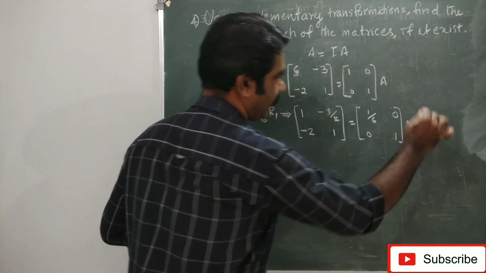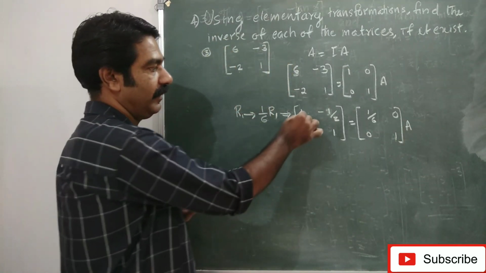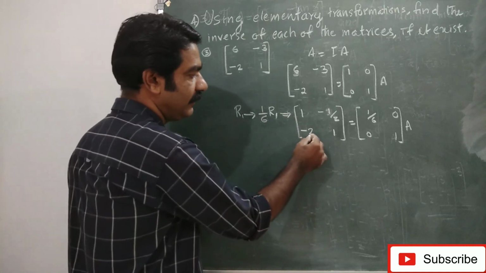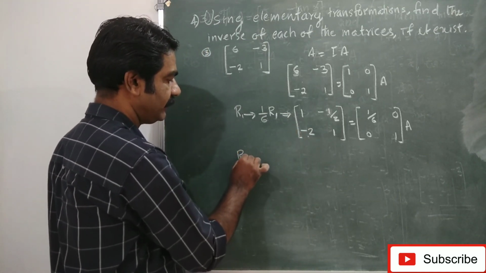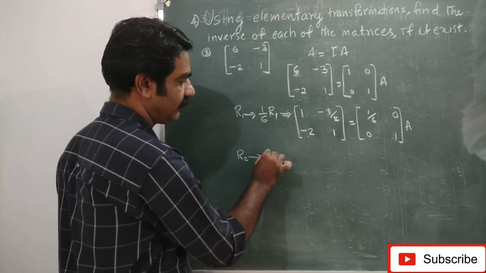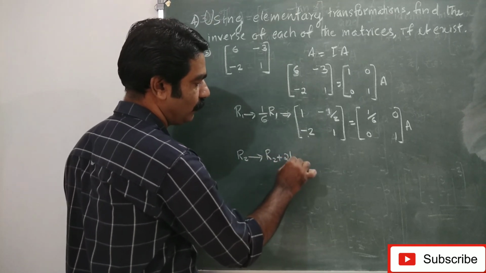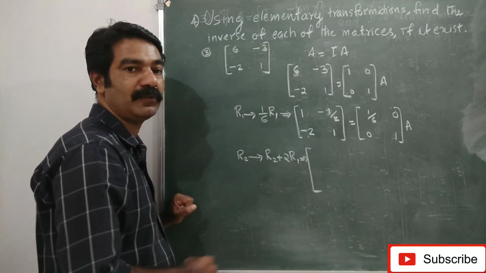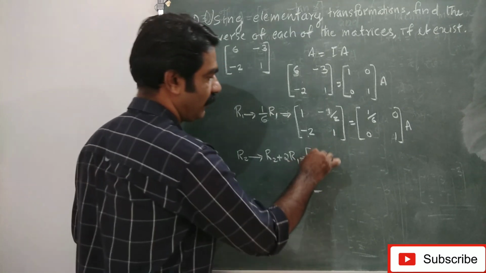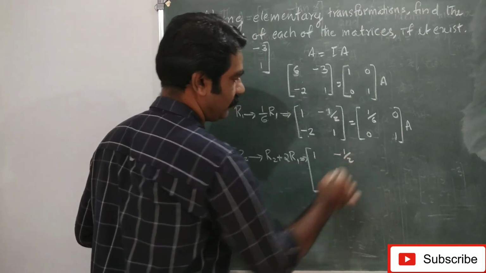So we got here 1. Now this element we have to change into 0. For changing this to 0, we are changing R2. R2 changes to R2 plus 2R1. See, here 1, minus 1 by 2, no change.